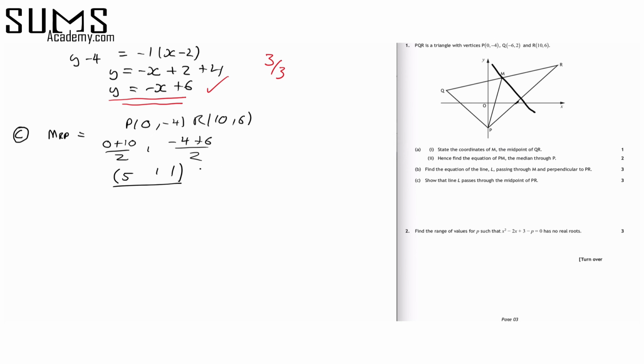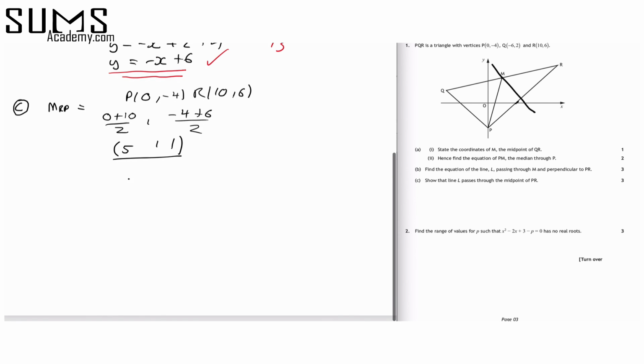If y equals -x plus 6 and I substitute in (5, 1), we get 1 equals -5 plus 6, so 1 equals 1. Because both sides of the equation are equal, it proves that L passes through the midpoint of PR.